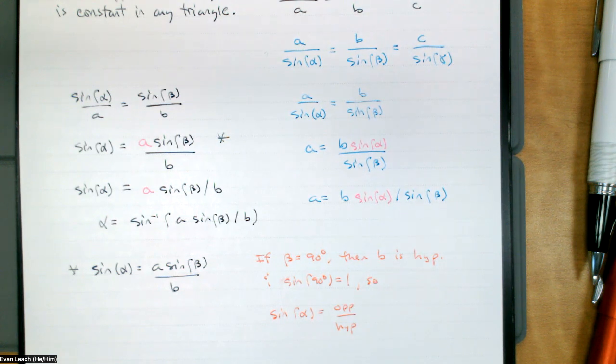So the law of sines is kind of like your generic sine of opposite over hypotenuse, just like your law of cosines is your generic Pythagorean theorem. So we're going to use the law of sines when we have an opposing pair.